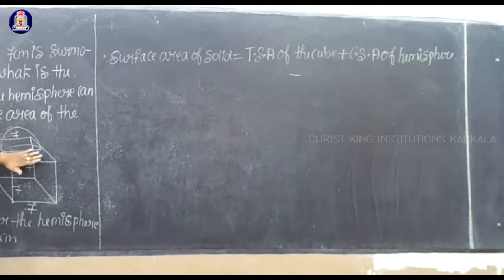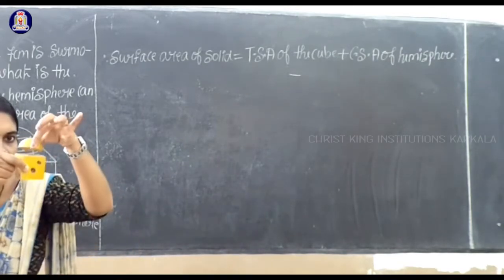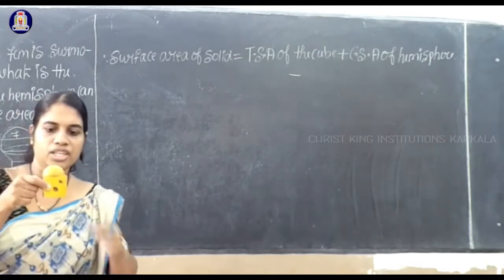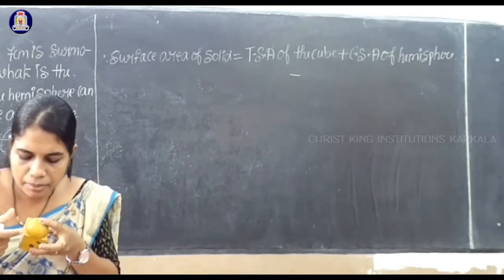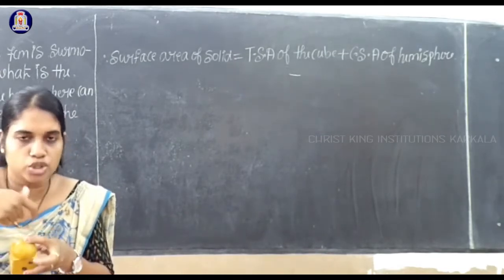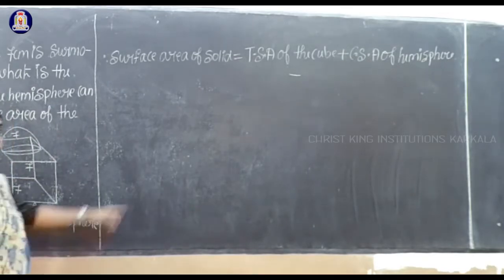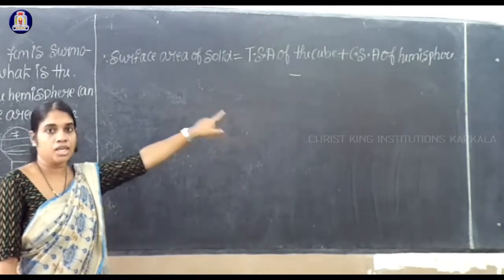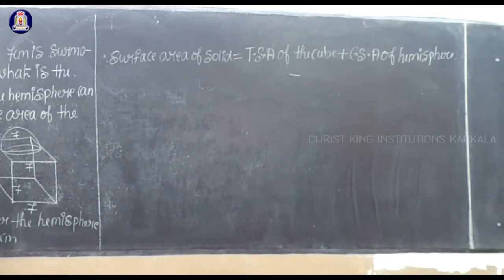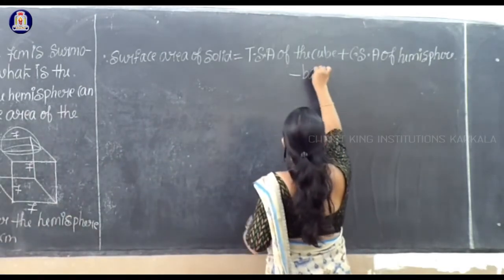If it is closed, I want only the remaining portions, the corner portions. So what I will do is minus the base of the hemisphere.